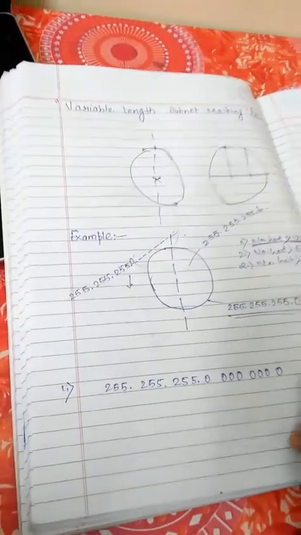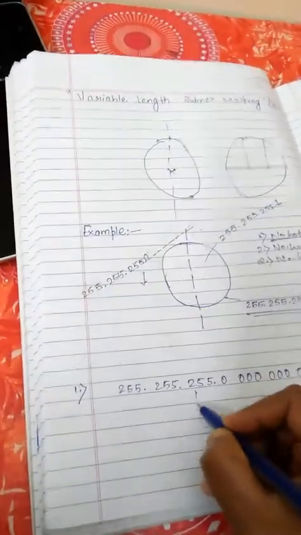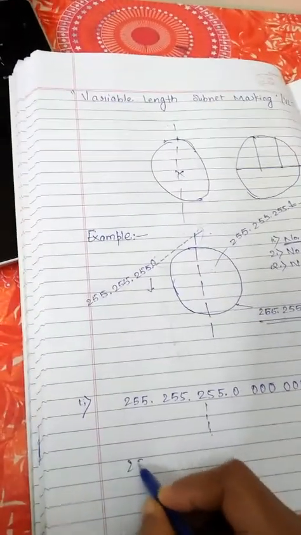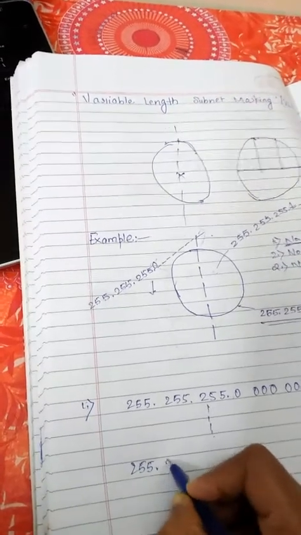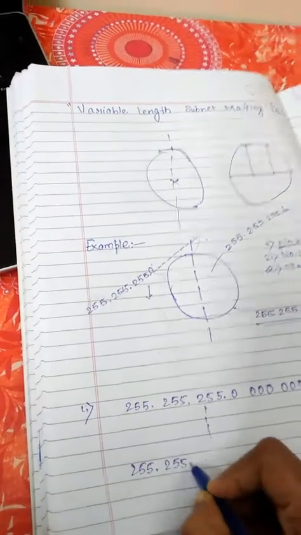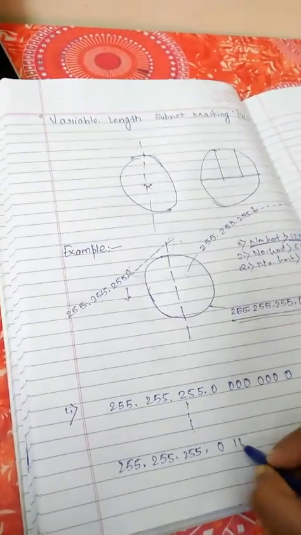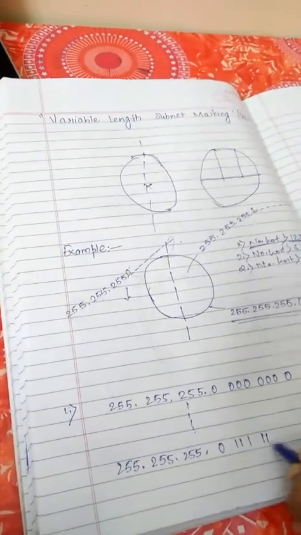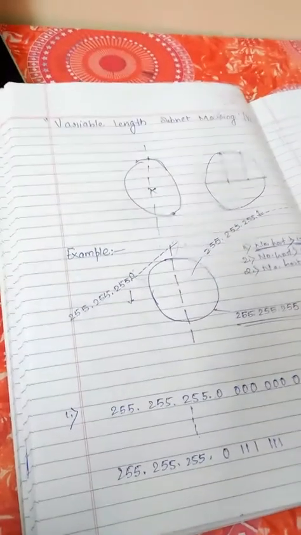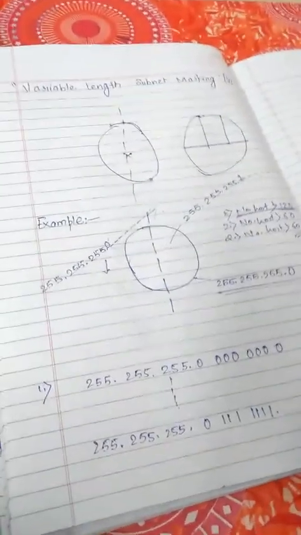This will be the first, and the last one will be 255.255.255.0 followed by seven 1s.